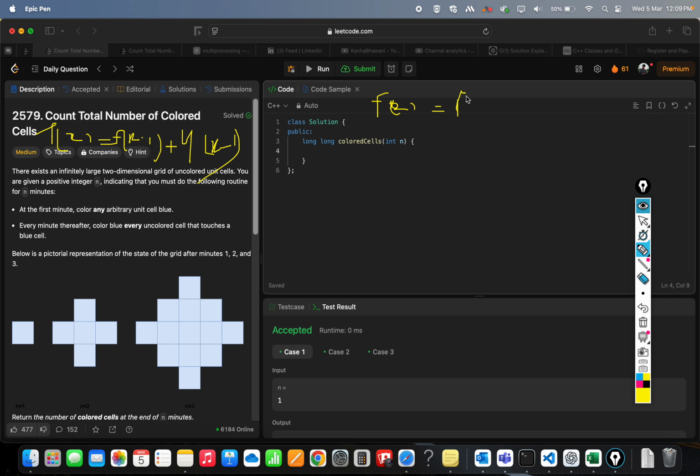Now f2: f1 is nothing but 1. So this is 1 plus 4 times 2 minus 1. f3 is f2, so this is f2, 1 plus 4 times 2 minus 1, plus 4 times 3 minus 1.